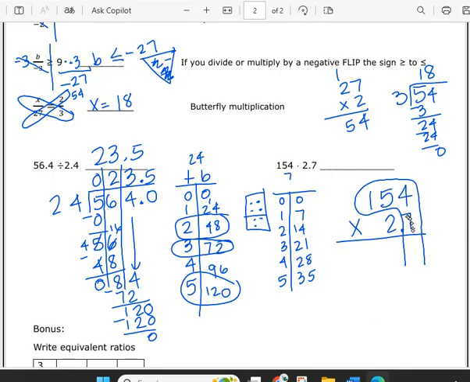And then we proceed. 7 times 4 is 28, 8 and you carry 2, top and bottom, otra vez, again, the bottom, the top. Now the next one, 7 times 5 is 35, plus 2 is 37, 7 times 1 is 7, and 3 is 10.